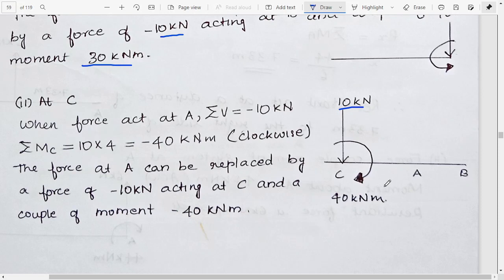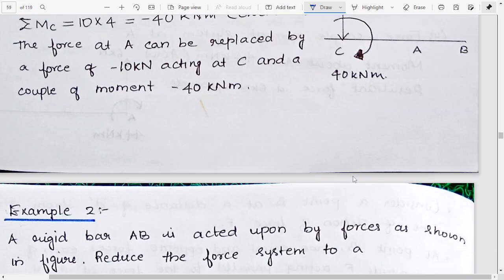So if you want to convert a force into a force and a couple, what we do is first we shift this force to that side, and we just multiply the distance and the force. So we'll get a couple and we'll just keep it in that manner. So this is the answer for this.